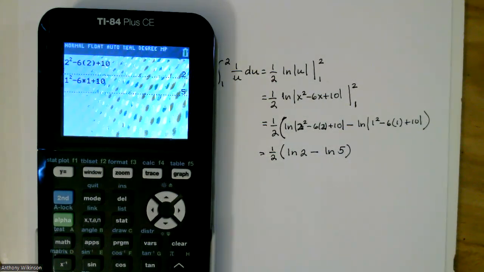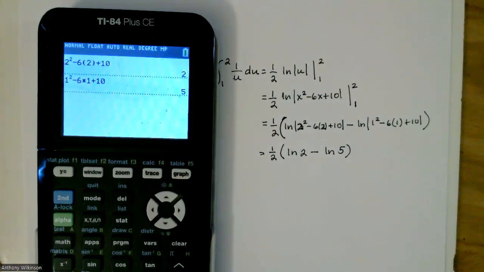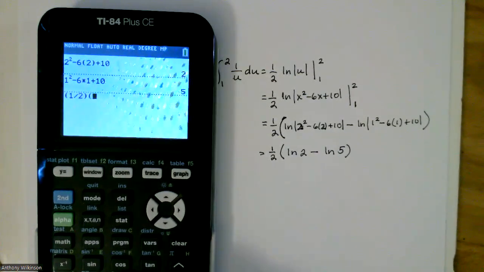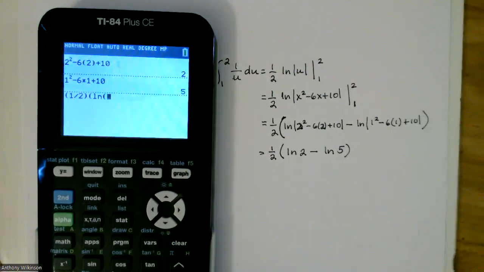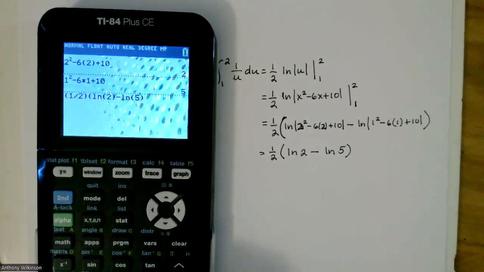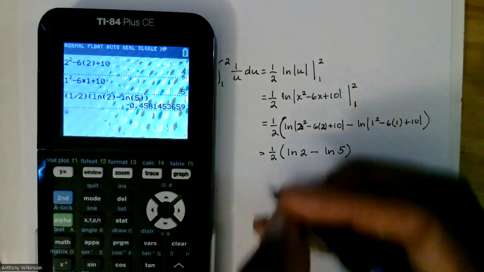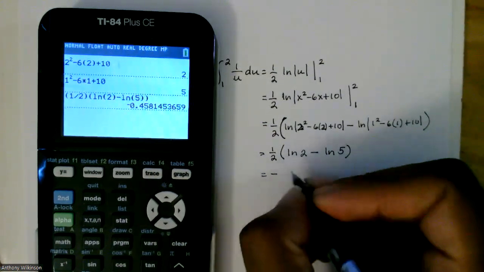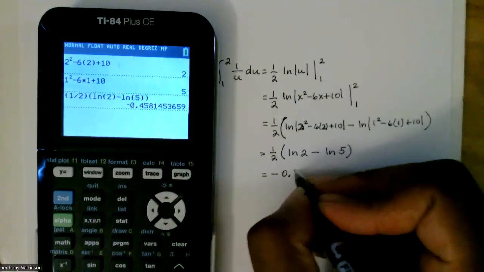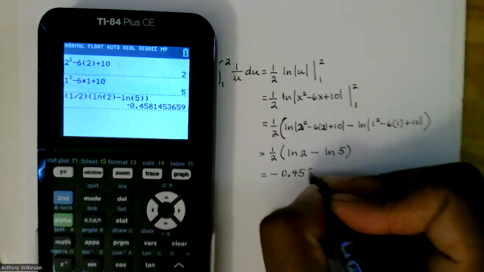Now, let's go ahead and do 1/2. So that's going to be in parentheses 1 divided by 2, and then left parentheses ln of 2, close parentheses, minus ln 5, close parentheses, and then I'm going to close it again. If I was to round that off to 3 decimal places, this will be, in this case, negative 0.458.